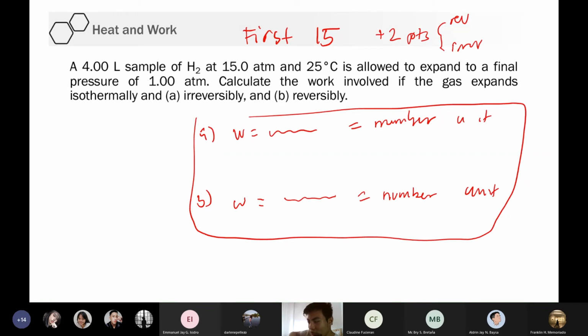Ako patapos na ako dito sa ina-assemble ko. 12:45.